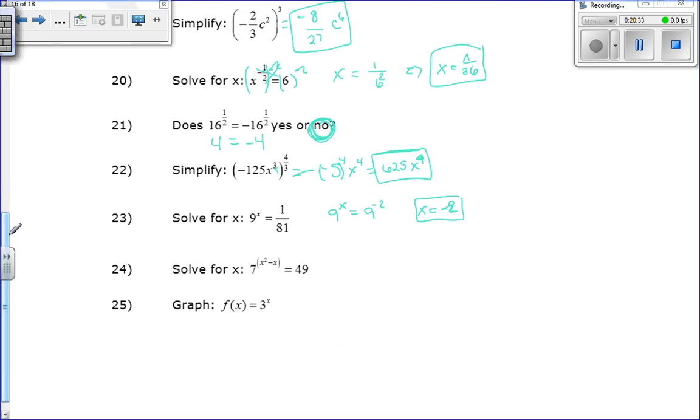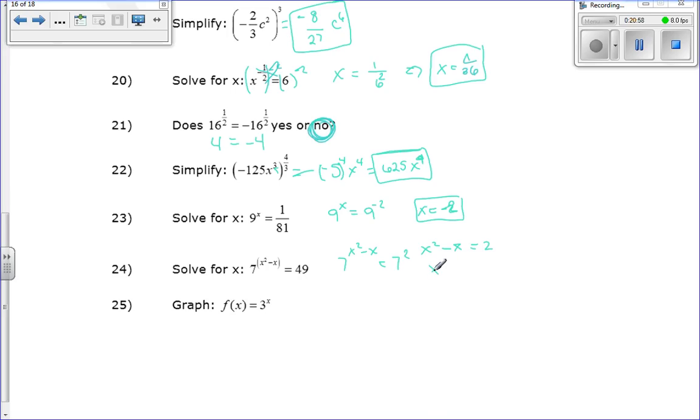For 24, we have to get our bases the same again. So 7 to the x squared minus x is equal to 7 squared. But now the exponents equal each other, and it's x squared minus x equals 2.